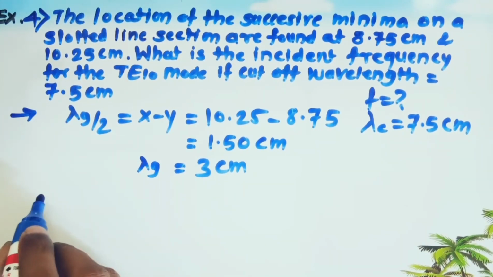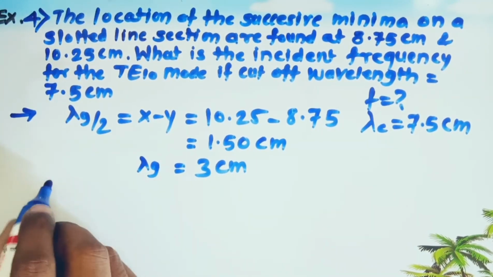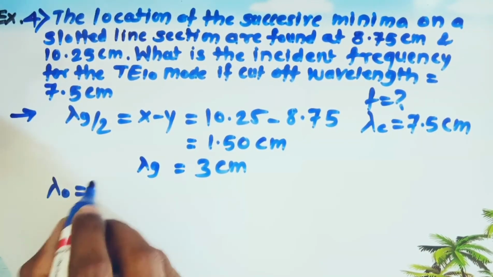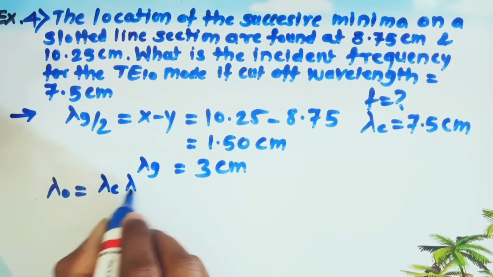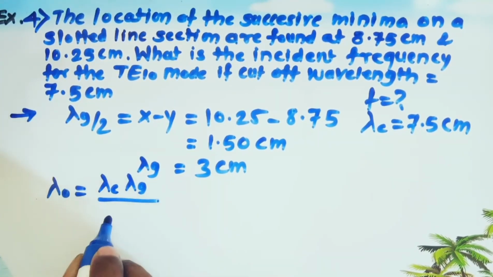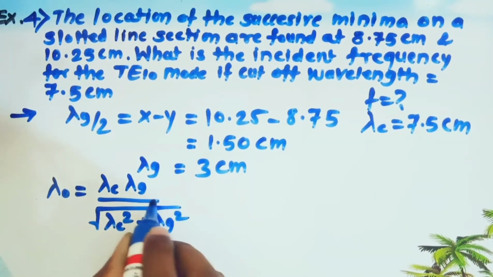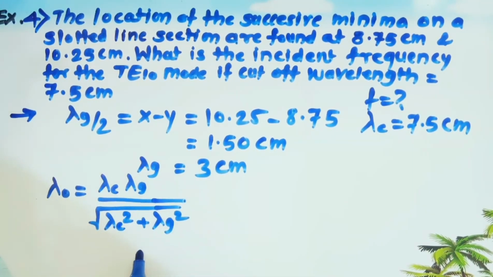So we can write lambda 0 directly as lambda c into lambda g divided by under root of lambda c square plus lambda g square. Otherwise we have to write lambda g equals lambda 0 upon under root of 1 minus (lambda 0 divided by lambda c) square, and then solve. Instead of that we can utilize this formula directly.